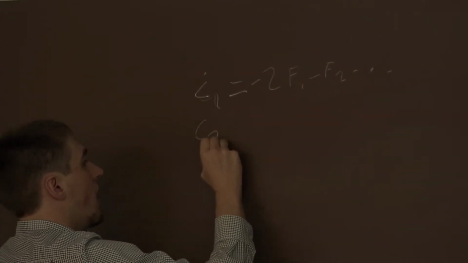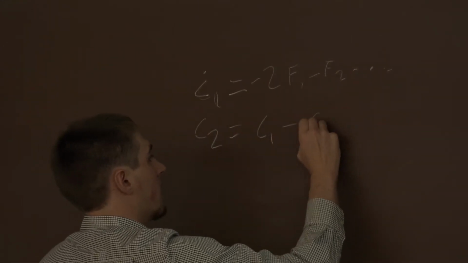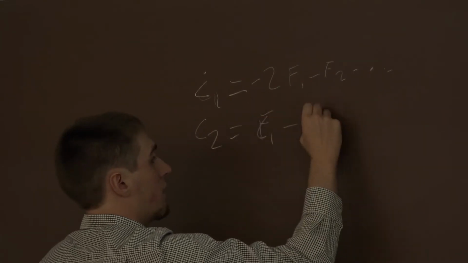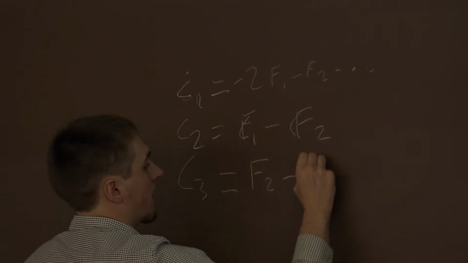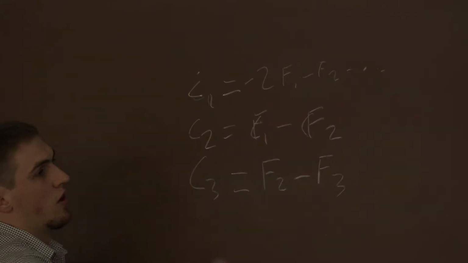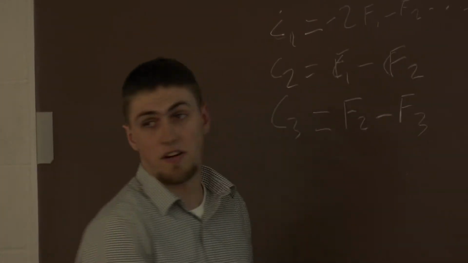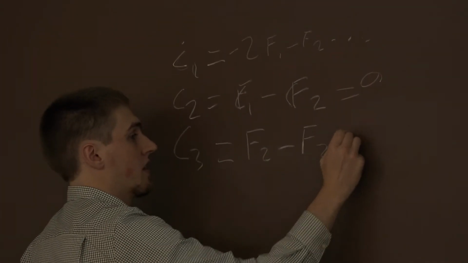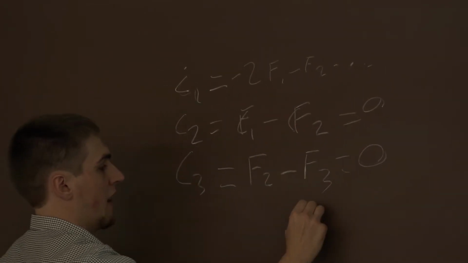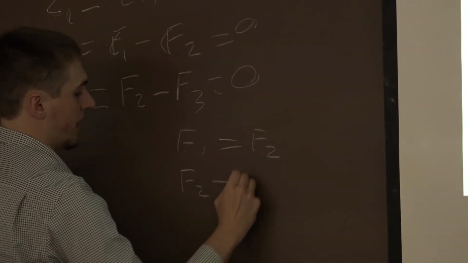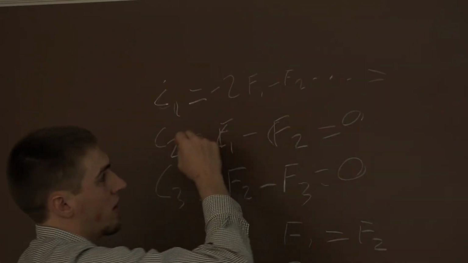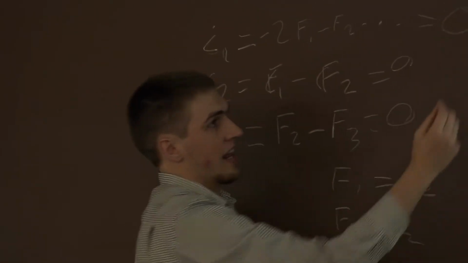Then C2 dot is going to be F1 minus F2, and C3 dot is going to be F2 minus F3, and so on. If you want to find the equilibrium, you set all of these equal to 0. What you'll find is that F1 equals F2, and F2 has to equal F3, and so on, so they all have to equal each other in the end. The only way you can do that is if the F's all equal 0.